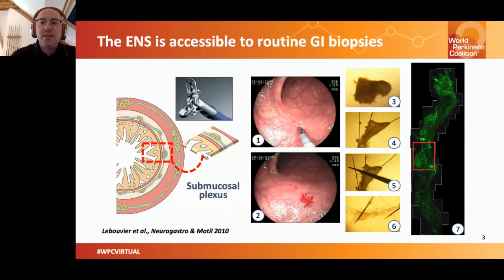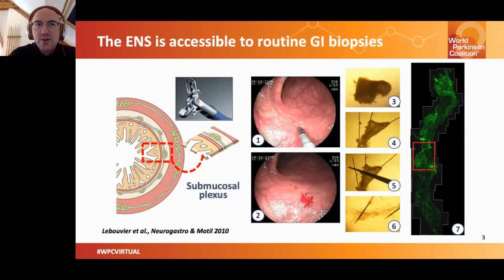The biopsy is stretched, pinned flat, then the epithelium is peeled off, that's number 5, and then you get access to the whole submucosal plexus as number 6. Then you can stain your submucosal plexus with a neuronal marker, as shown in 7, and you get a very nice neuronal network with ganglion and interganglionic fiber.